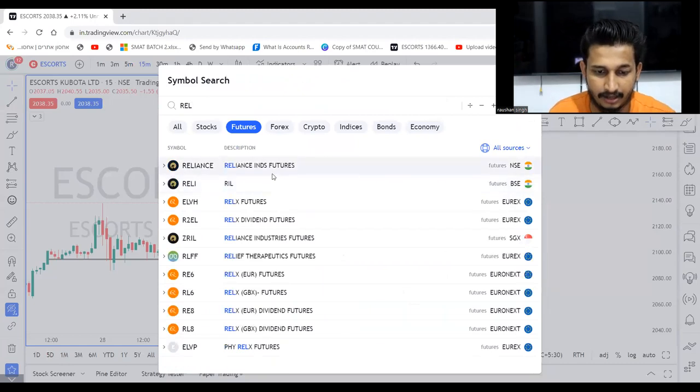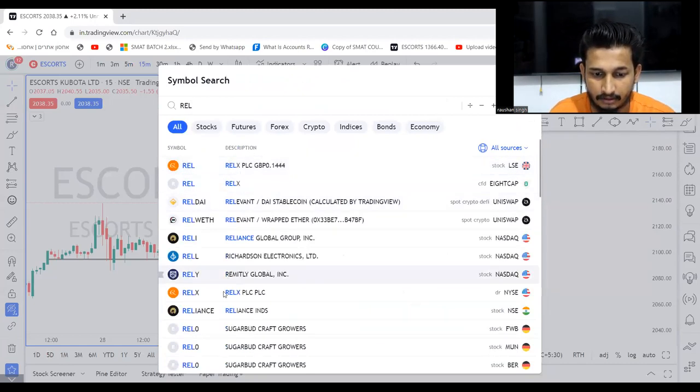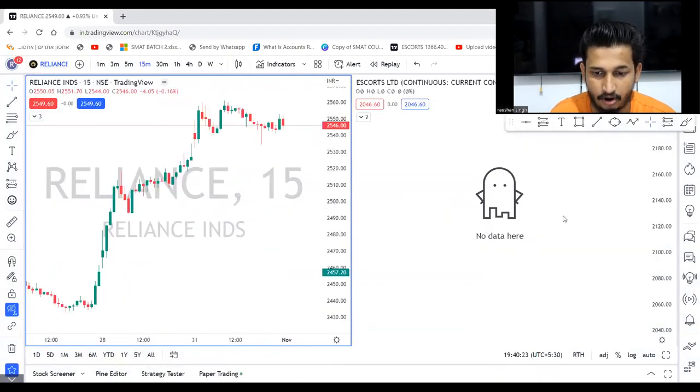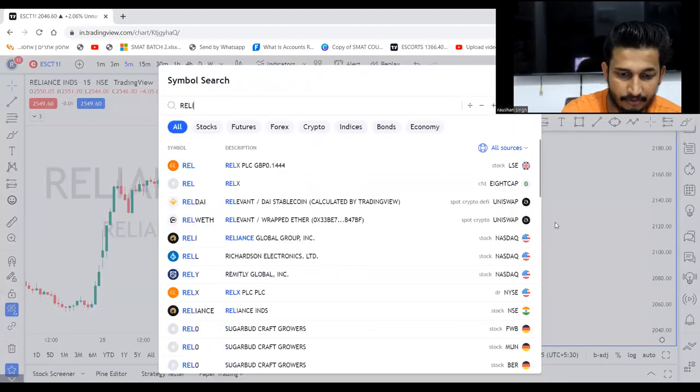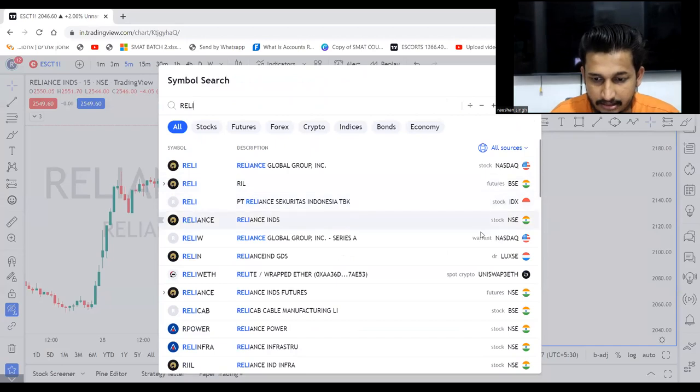I'm going with Reliance Industries. This is the stock Reliance Industries, and here I'm going to choose Reliance futures.